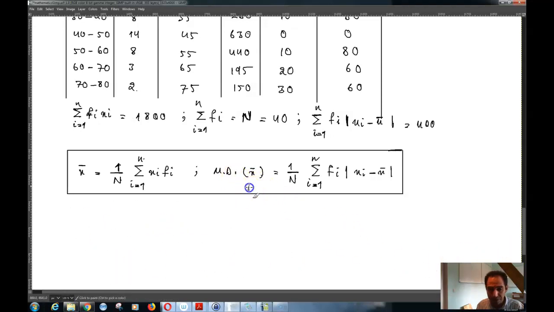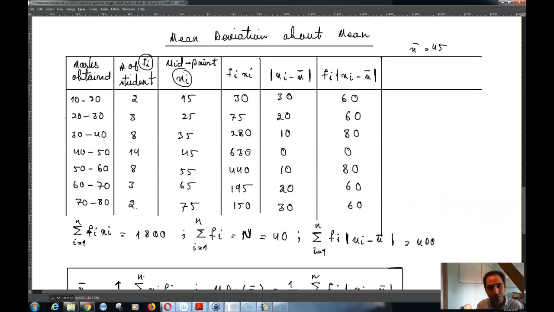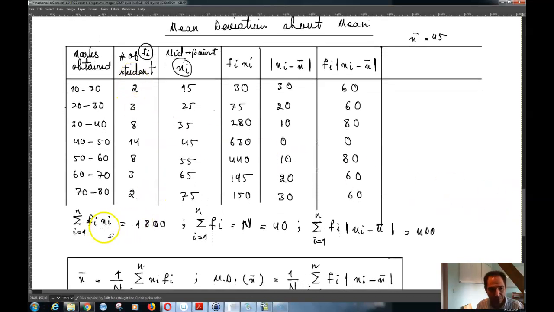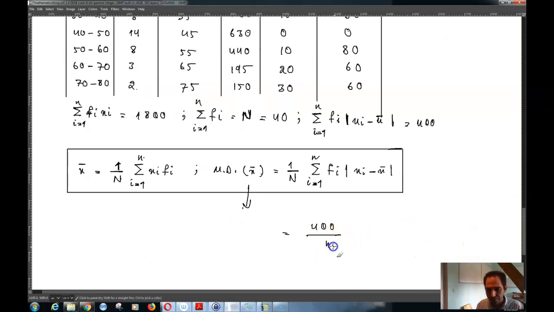And then what that means is that the mean deviation about the mean is equal to 400 divided by n, which is sigma f of i, which is equal to 40. So 400 divided by 40 is equal to 10. So the mean deviation about the mean is 10. So that's how you solve this kind of problem.